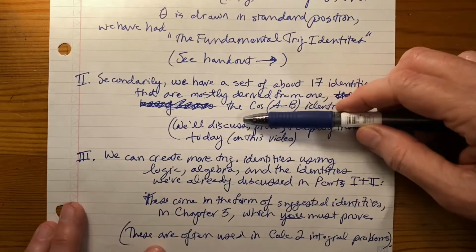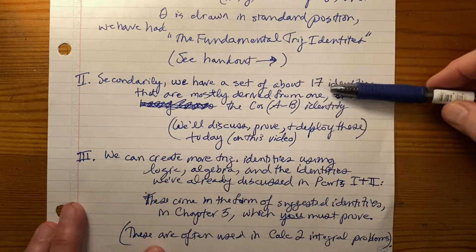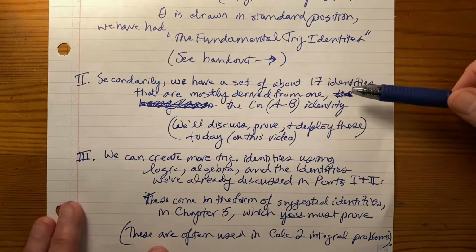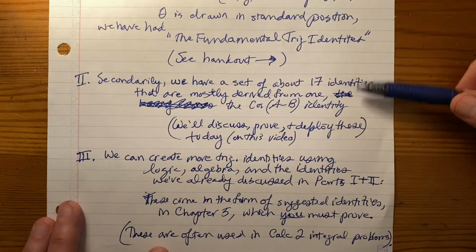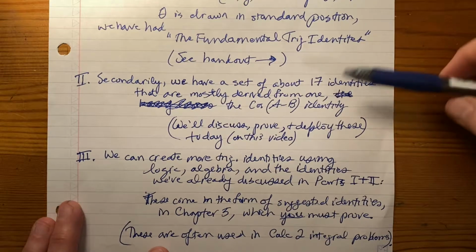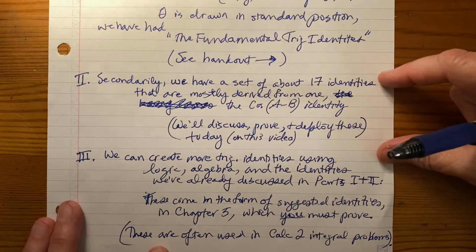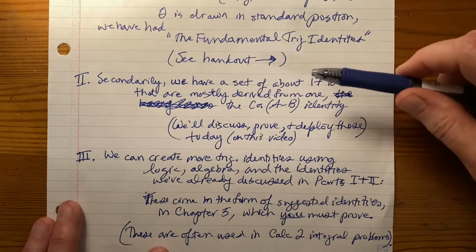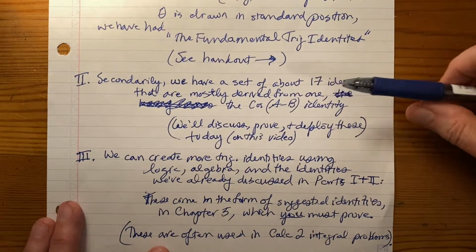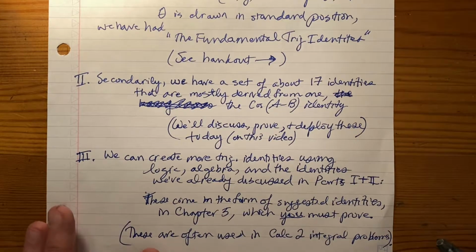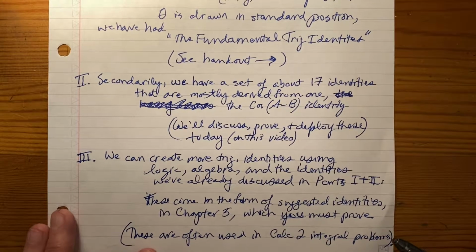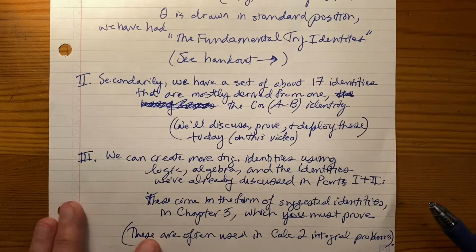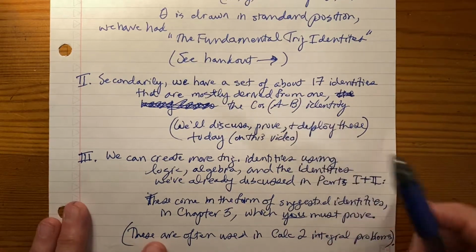These others get used so often, especially these 17 identities that we're about to derive in this video and in the next one. They occur so often in calculus that you'll get to know them pretty well, or at least, I hope, learn how to derive them, which is really all that one can hope to do, instead of just memorizing them without understanding. Okay, so let's begin with the cosine of a minus b.